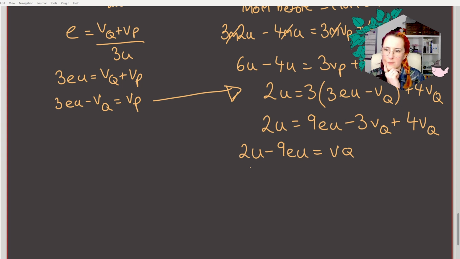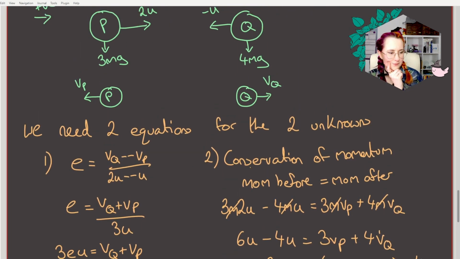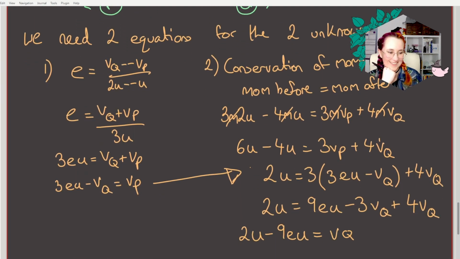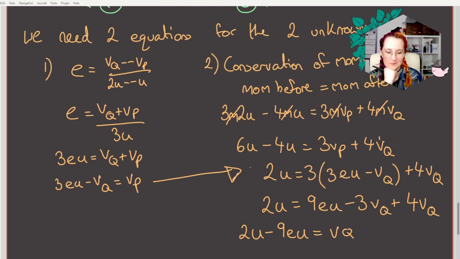For some reason I should have a minus 7. Why should I have a minus 7? Right, what have I done? 3m minus 4mu.